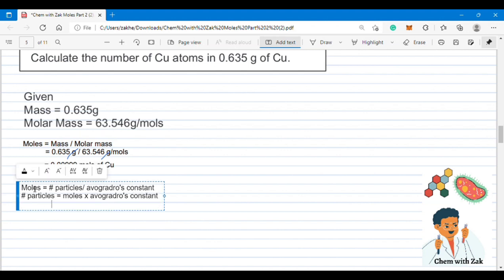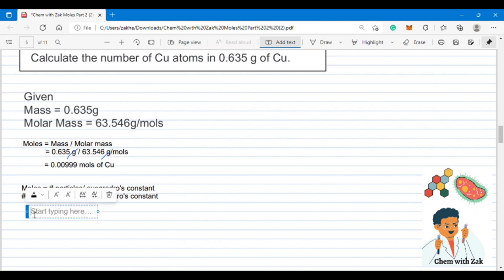Therefore, as we said, we calculated the number of moles of copper, which was 0.00999 moles of copper, and therefore we're going to say the number of particles is equal to 0.00999 moles times 6.022 times 10 to the 23 particles, which, if you put this in your calculator, should give you a value of 6.016 times 10 to the 21 particles of copper atoms.